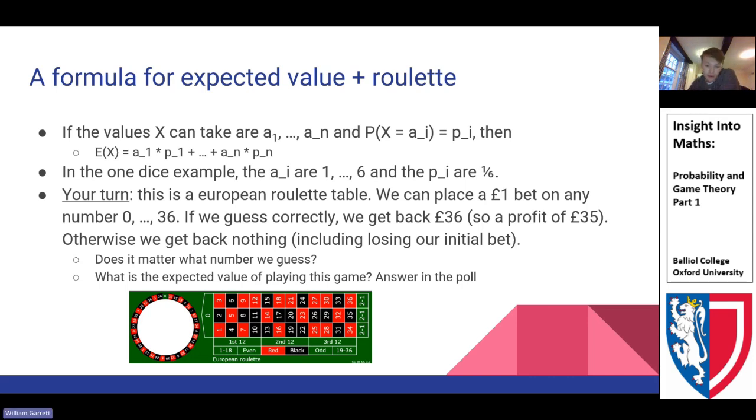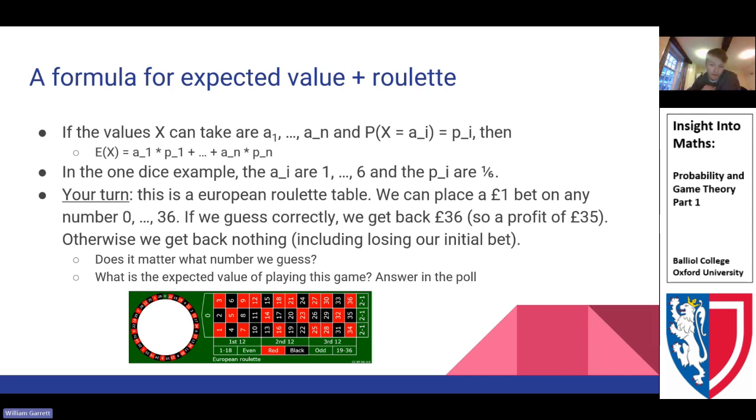As our first application of the concept of expected value, we're going to take a look at a game called European Roulette. This is a common game you play in the casino. There is a wheel with 37 numbers, the numbers 0 up to 36. We're going to do the simplest case where on your turn, you put one counter on a single number, either 0, 1, 2, or any number up to 36.